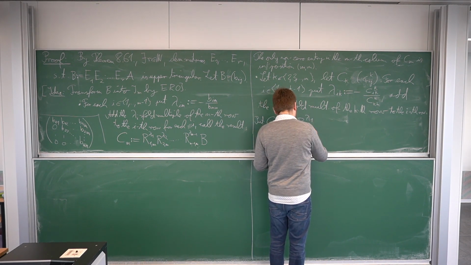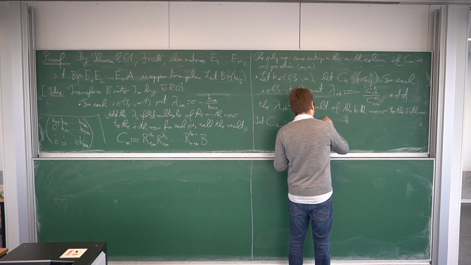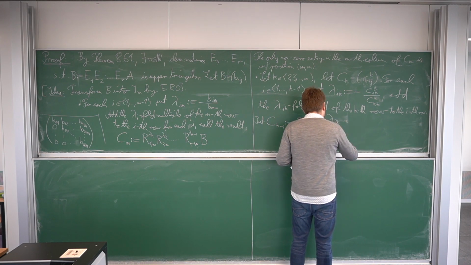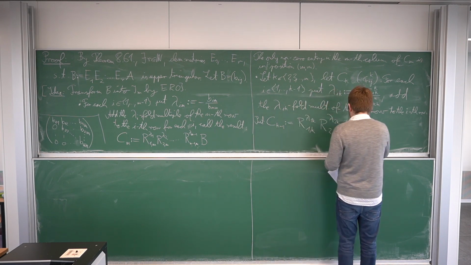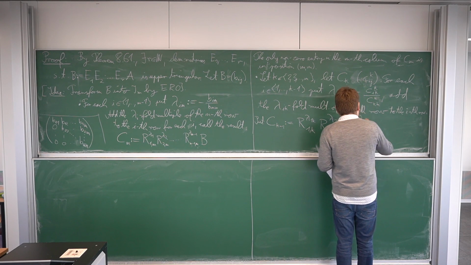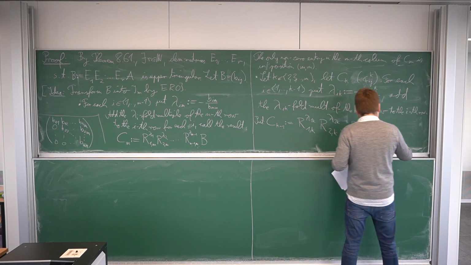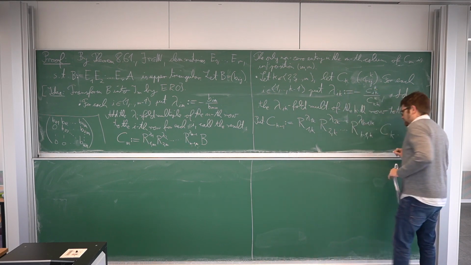We have first the lambda_1k fold multiple of the kth row added to the first row, then the lambda_2k fold multiple of the kth row added to the second row, and so on until lambda_(k minus 1)k times Ck, and no, I've not gone crazy.